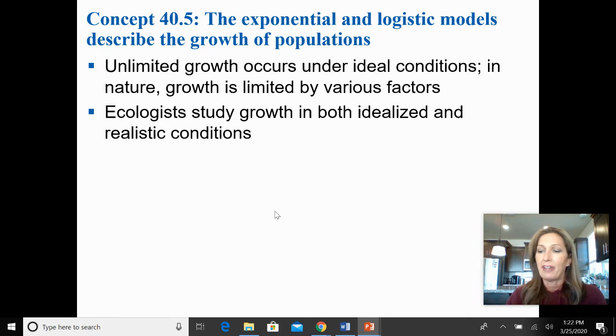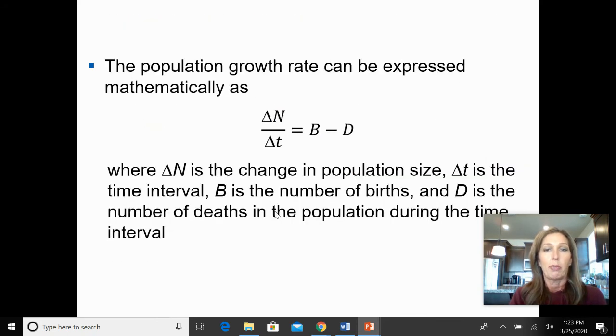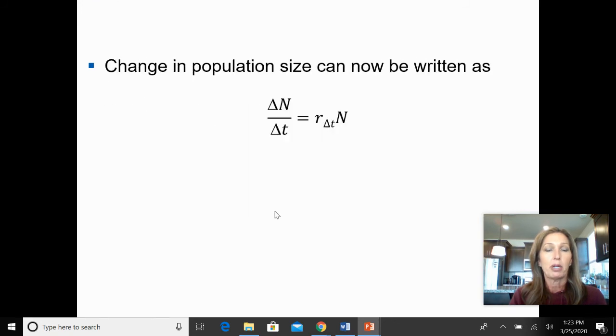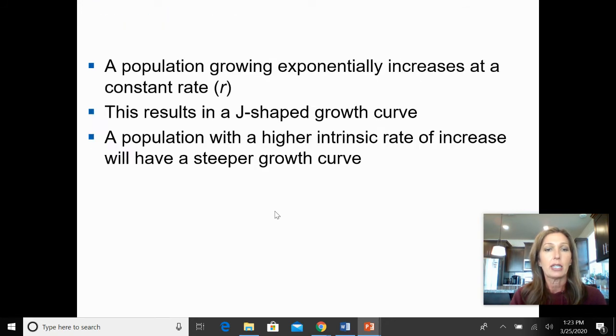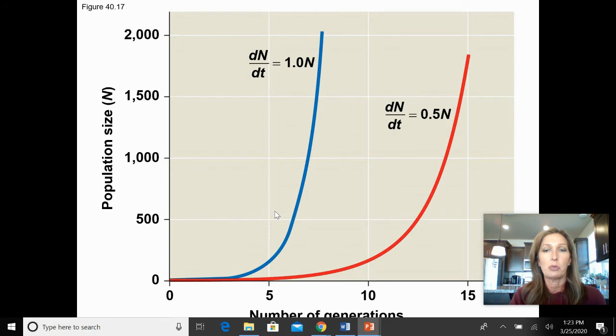Now in 40.5, I highly suggest you do some of the practice problems in order to make sure that you can calculate population sizes, and also calculate exponential growth rates. So pay attention to those. One of the major parts to understand is the difference between exponential growth and logistic growth.